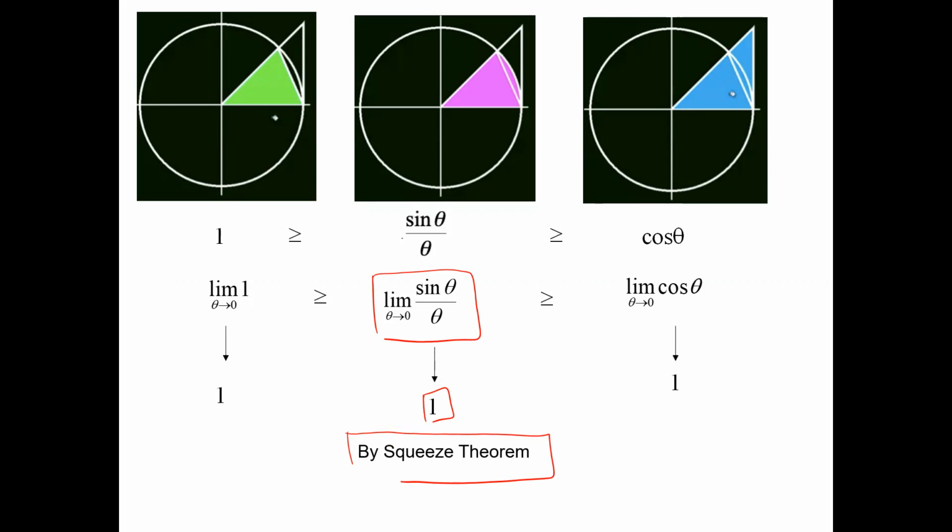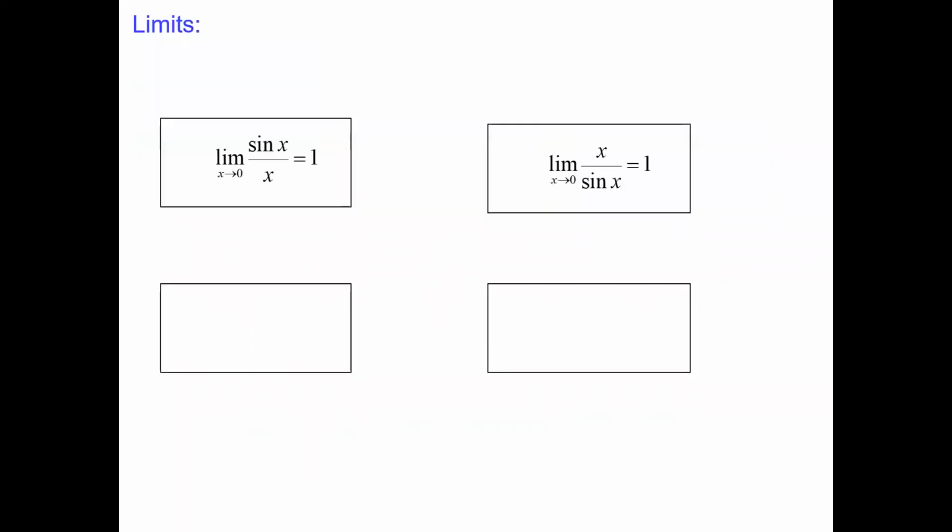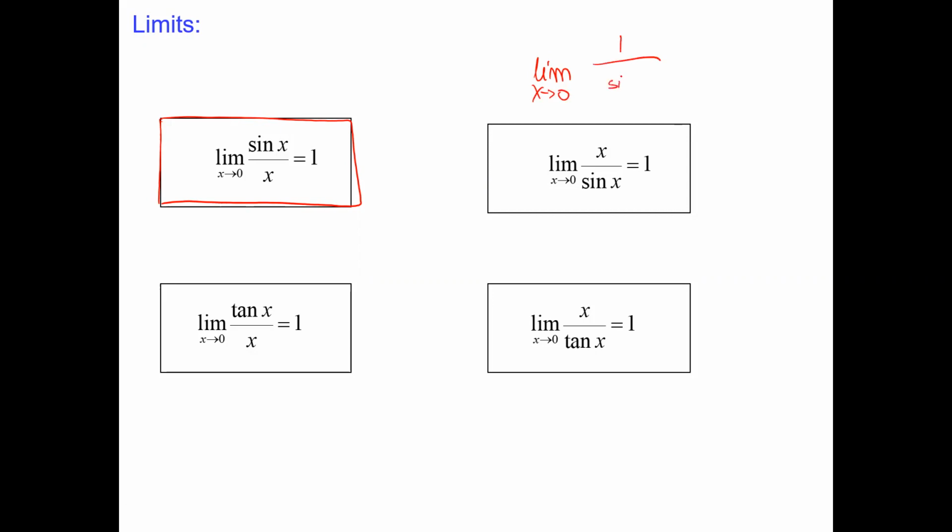Let's just verify this, to finalize the proof. This is the property, but algebraically we may change it a little. When I write the limit as x approaches 0 of the reciprocal of sine of x over x, that means the limit of 1 is 1, and the limit of sine x over x is also 1.